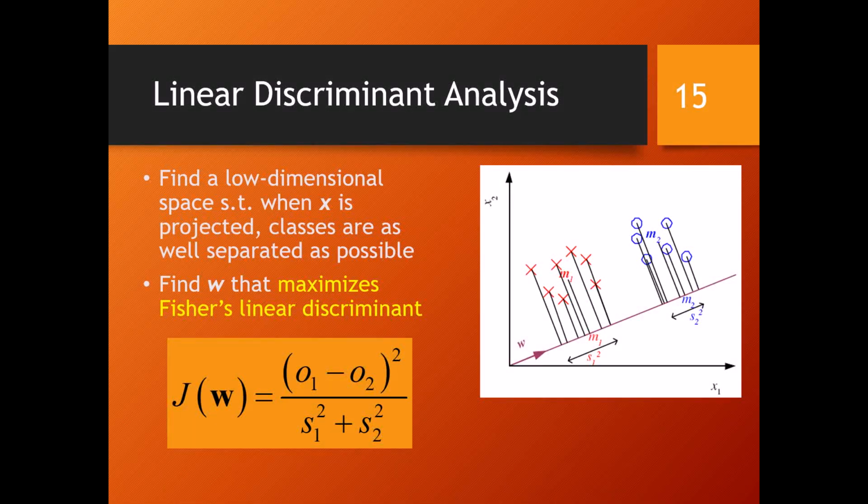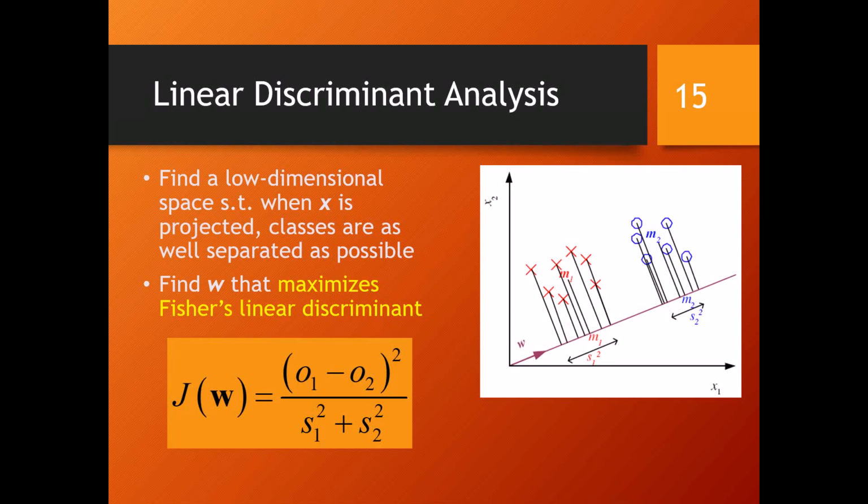It means that at the same time, we hope that S1 squared and S2 squared can be as small as possible. In other words, when we do projection, we hope that the data belonging to the same class can be as dense as possible. If they are as dense as possible, the S1 score can be as small as possible. At the same time, we also hope that the data of class 2 can also be as dense as possible.